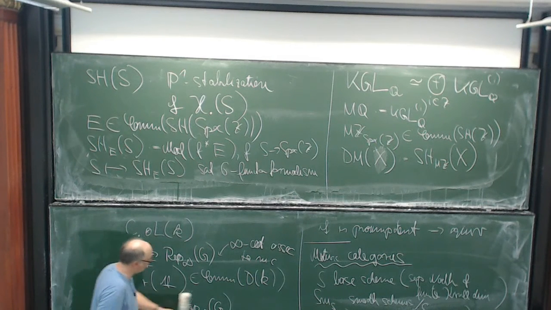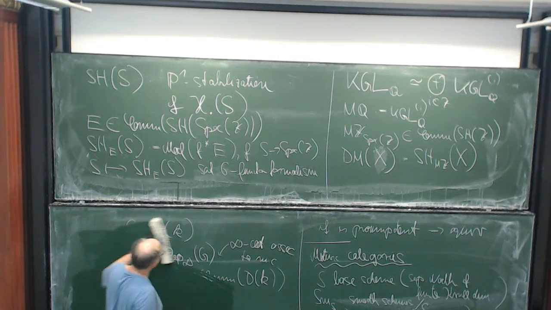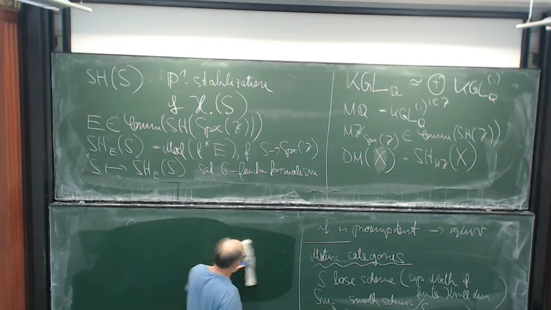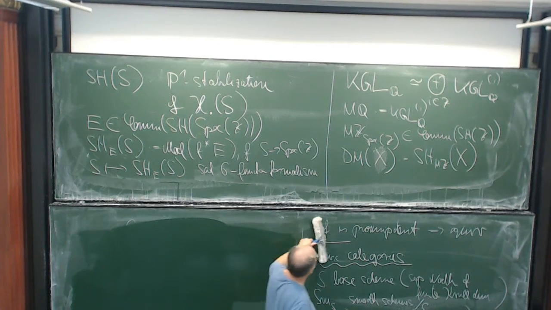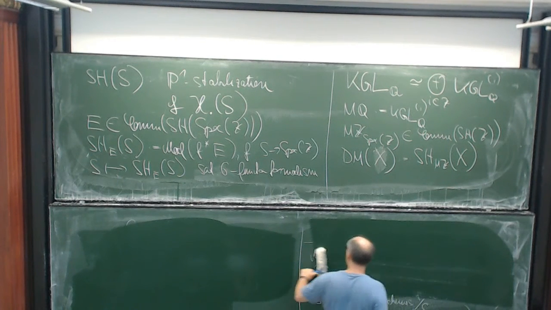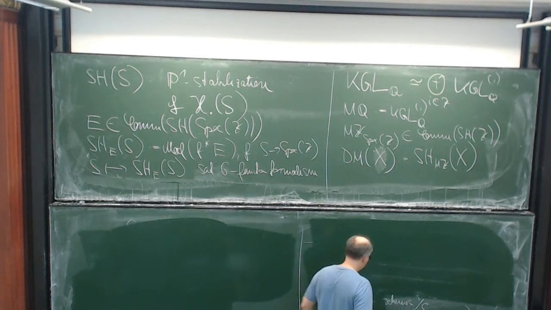That's the fact because we take modules. If you would know that the suspension spectrum of every smooth variety is dualizable, which can be seen by resolution of singularities, then they will be the same.